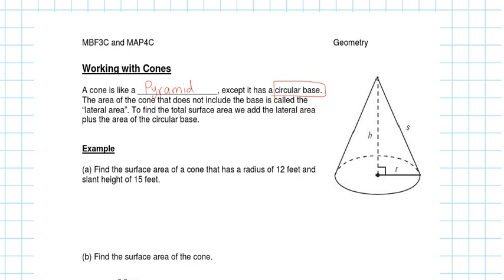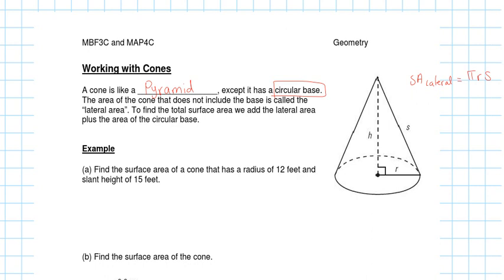So you always have to think about how to use the formula that you have in your formula sheet. So two things that I'm looking for: the area of a circle, which is pi r squared, we know that. And the other part is the lateral surface area, which is pi r s. Okay? So to find the lateral surface area, which is without the circle, I need the slanted height of the cone, and I need the radius.